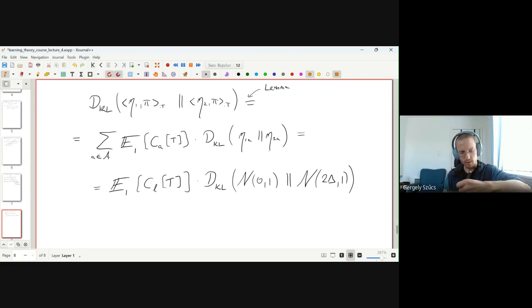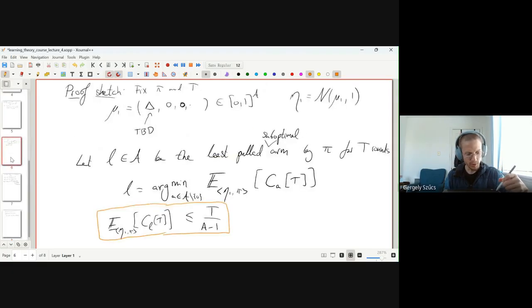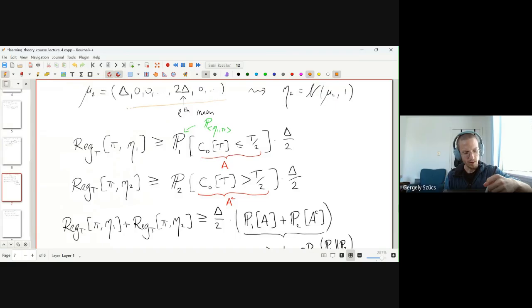Right, so we have the KL divergence for each of the arms, but the two distributions that we picked, one was delta 0, 0, 0, 0, and the other one was almost the same except for the Lth arm.